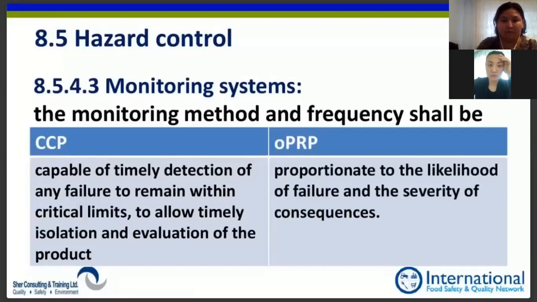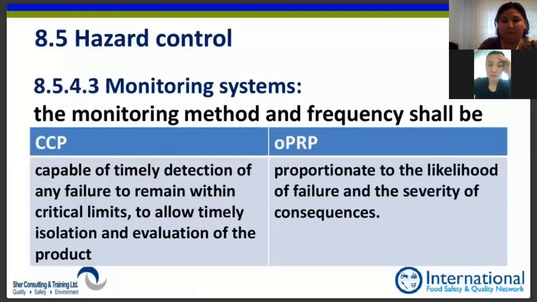Again, because there may be OPRPs that are not part of the process, that are more difficult to monitor regularly. They may be monitored once a day. Then we're saying that we're going to monitor proportional to likelihood of failure and severity of consequences. Give you an example. Let's say I have my glass control. We will watch our lamps every day. They're always intact. Don't worry about it. If it breaks, then we'll know what to do.